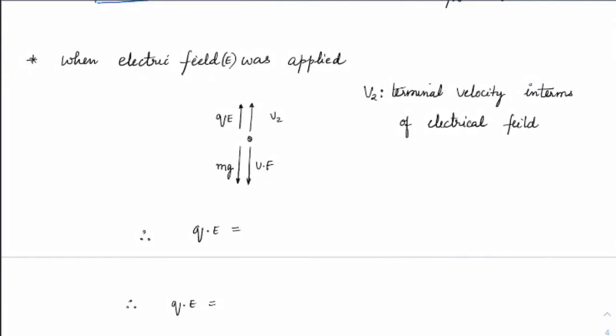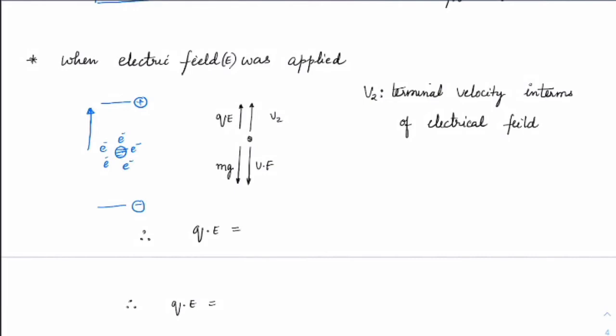Once you apply the electrical field, now we will have the electrical field also acting, right? Imagine this is an oil droplet and electrons are adsorbed on the surface. Suppose in the electrical field the positive terminal is upwards, so these electrons will be attracted by this plate, right?